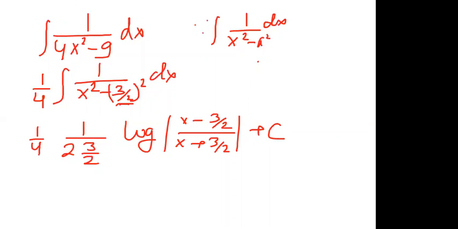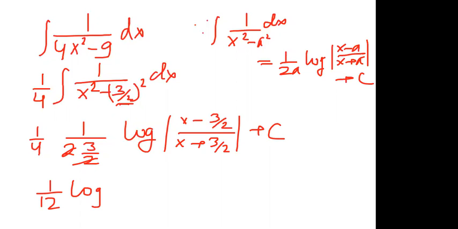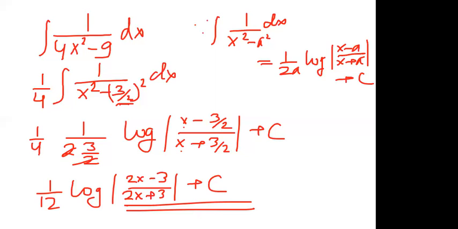The identity I must write over here also: 1 upon 2a log mod (x minus a) upon (x plus a) plus c. So it will become 1 upon 12 log mod, here I am taking LCM, (2x minus 3) upon (2x plus 3), the 2s are cancelled. So this is the real answer of the question.